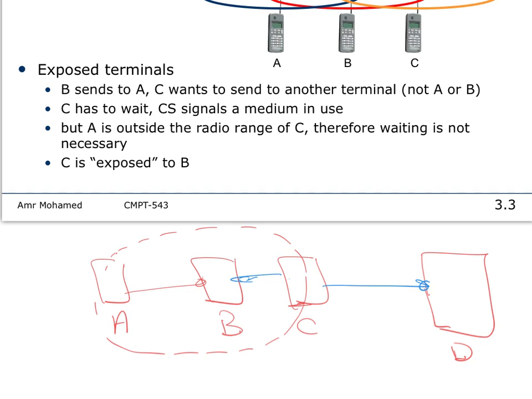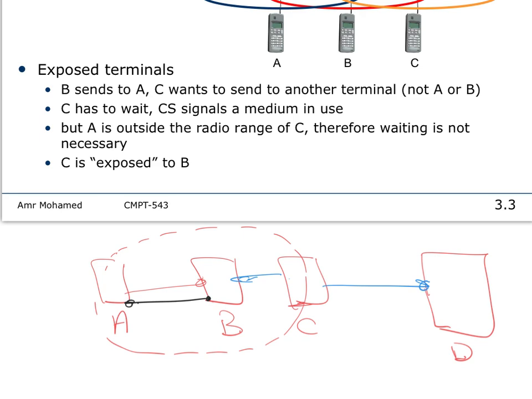Another scenario for the exposed terminal problem, which is more clear, is if B is sending to A. If B is sending to A, then C will clearly listen and hear the transmission.